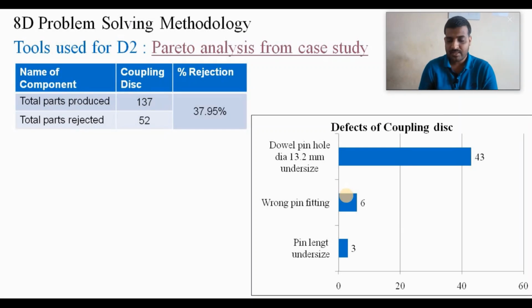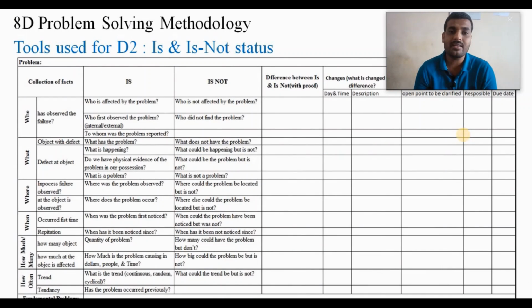Okay, so the tool is is-not status. This is generally used for converting the problem description to the fundamental problem. It consists of 4W and 2H. Okay, 4W stands for who, what, where, when, and 2H stands for how much and how often.